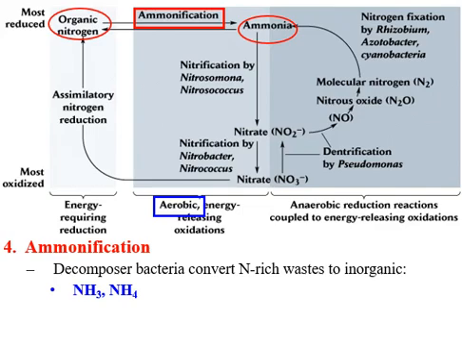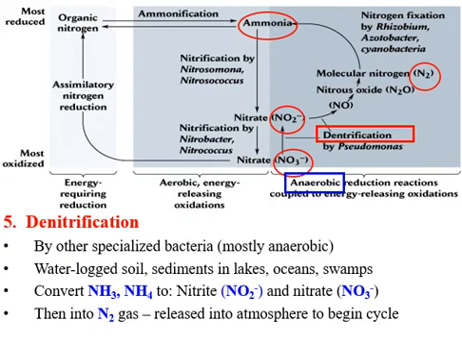And now there's another step that takes place under anaerobic conditions where there's no oxygen. Instead of this nitrate being picked up by plants and incorporated into organic tissues and available for all these other organisms and cycled around and around, some of this nitrogen is lost.